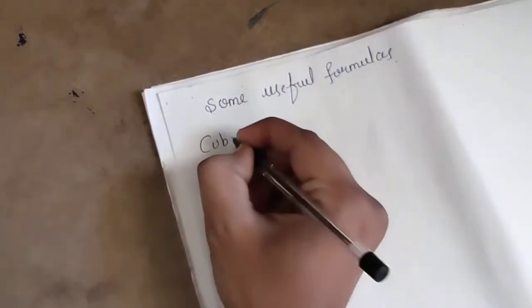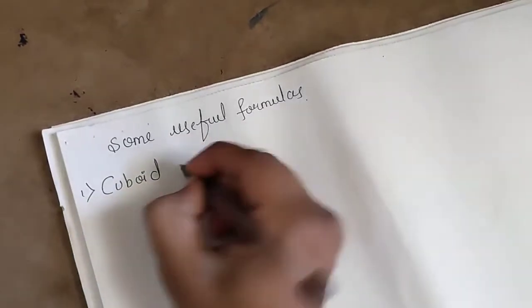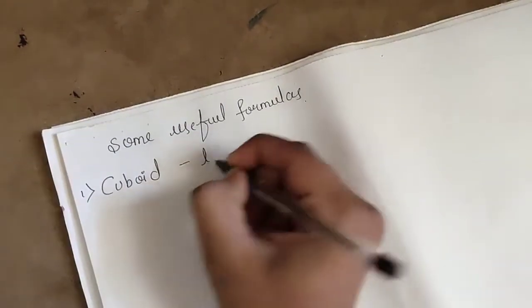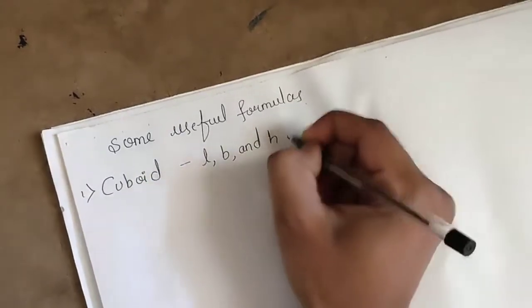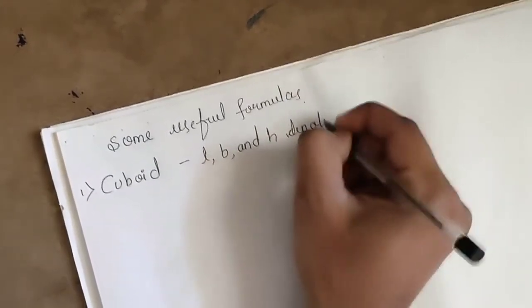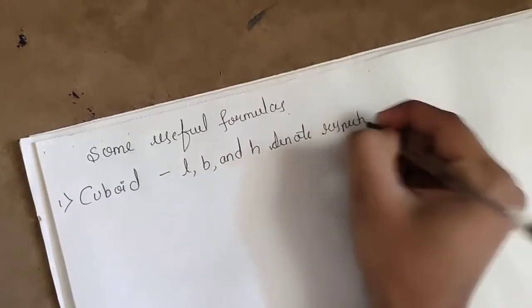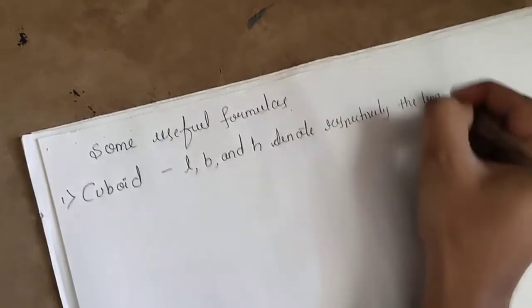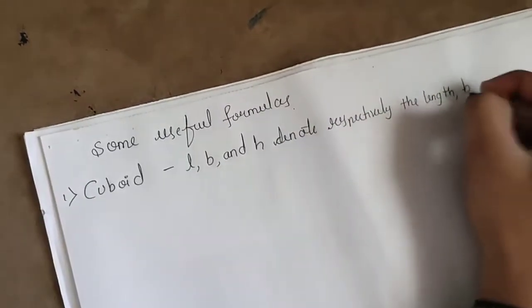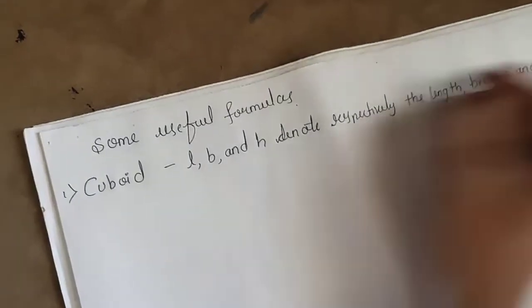Cuboid. First comes the cuboid. Here L, B and H denote respectively the length, breadth and height of the cuboid.